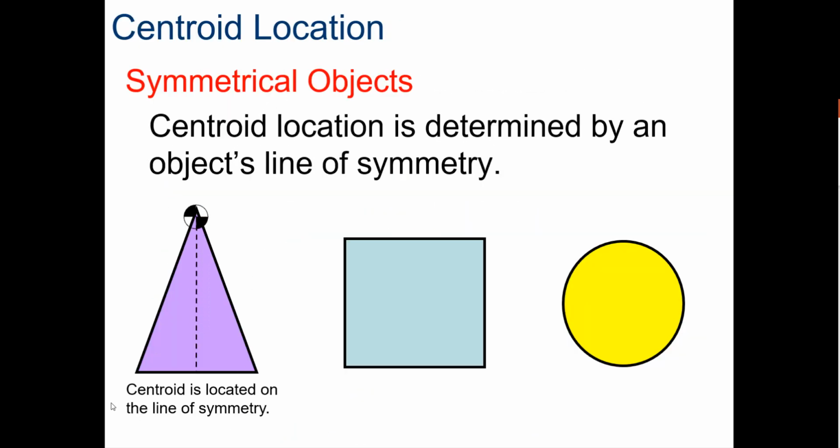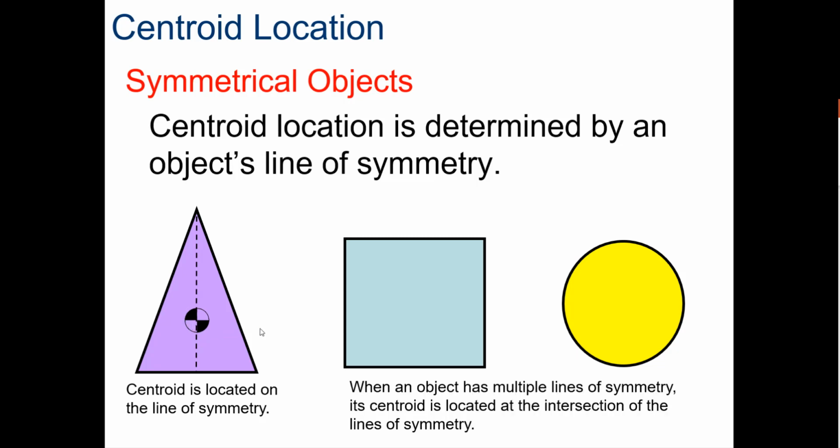So here we have a line of symmetry. The line of symmetry runs up and down here, on the y-axis. So we could say that the centroid is somewhere here on the y-axis. When it has multiple lines of symmetry, it's located where they intersect.